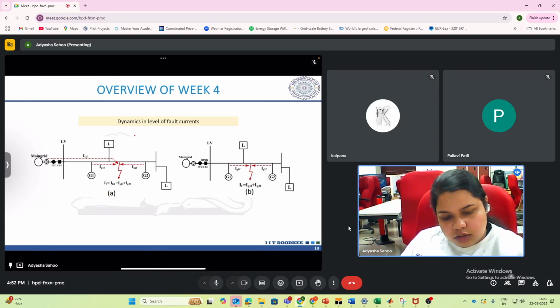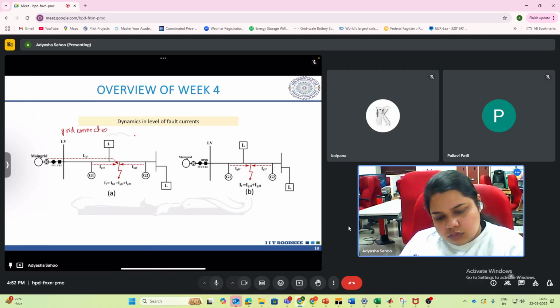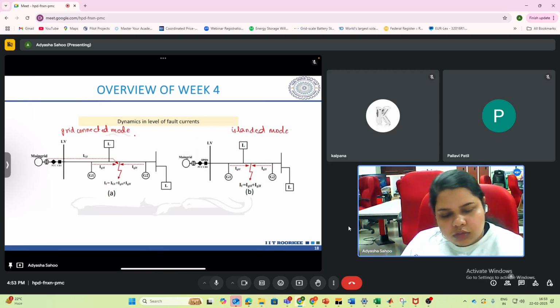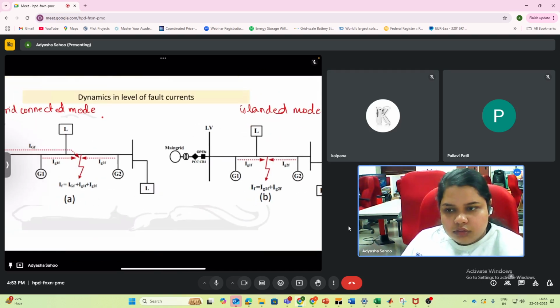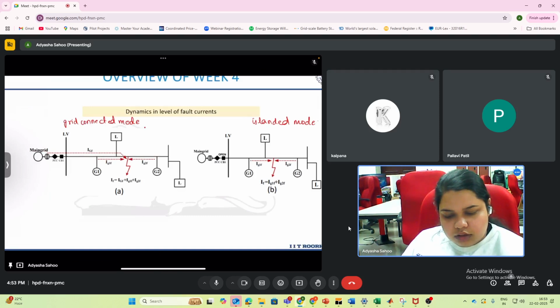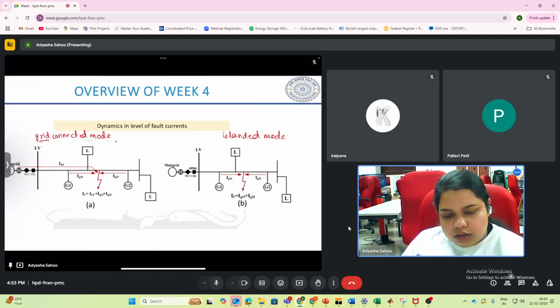So here, basically, this is the grid connected mode, and this is the islanded mode. Why is it so? Can you tell me? Why are we saying that this is grid connected and this is islanded?